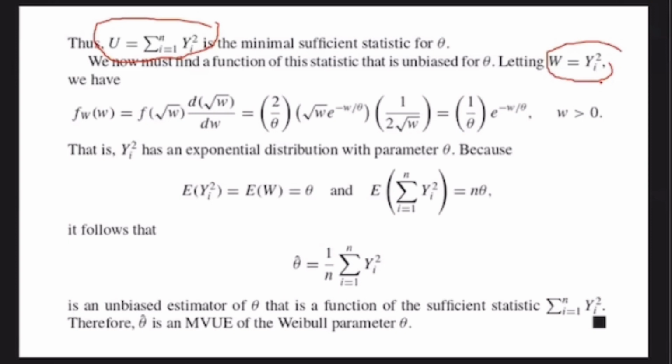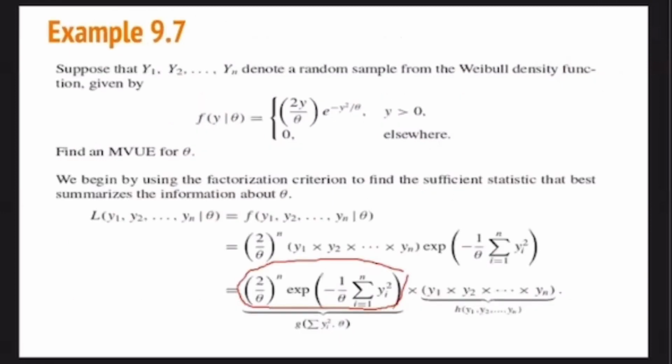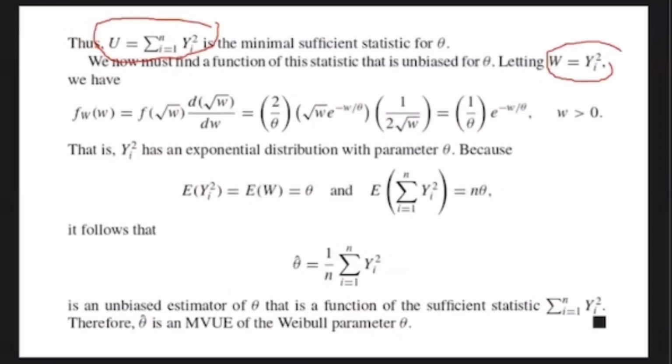If I have a y squared, then you need to go by the method of Jacobian transformation that you've done in STAT 4101. If Y follows, what does Y follow? Y follows Weibull. This distribution is Weibull. Then I need to know what Y squared will follow.